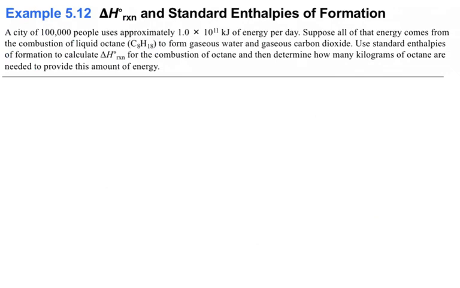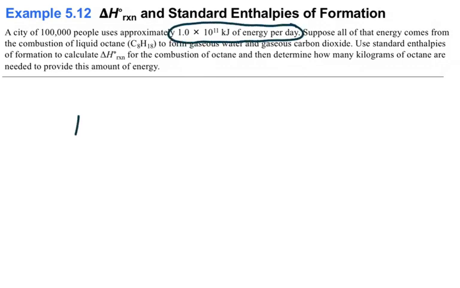This one is another combination of finding the enthalpy of the reaction and combining it with a thermochemical equation. So what we're going to end up having to do here is, this is how much energy is being utilized per day.